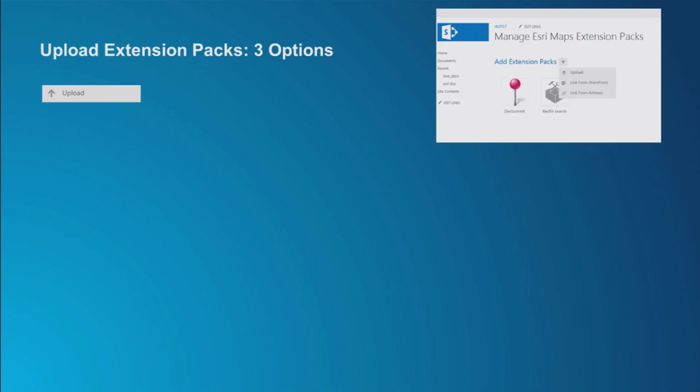It can be IIS, it could be Apache. Then you can modify code there, and that's easy for you to debug your code. Once your code is production ready, you can zip everything as a zip file and use the upload option to load your extension pack.